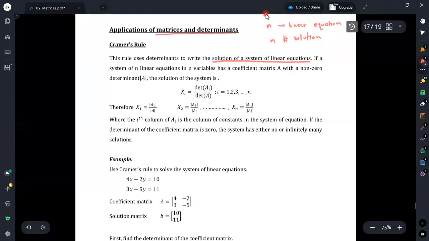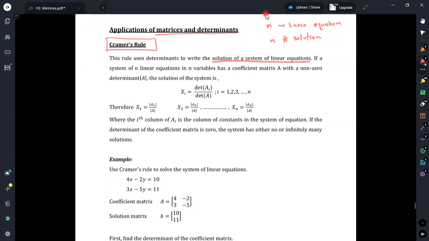Therefore, the rule that combines the concepts of matrices and determinants is Cramer's rule. When we deal with Cramer's rule, we have to pay attention to the matrix we are obtaining.